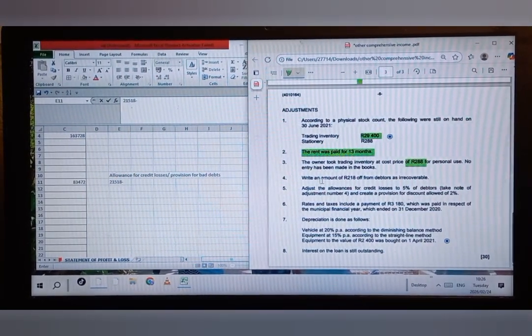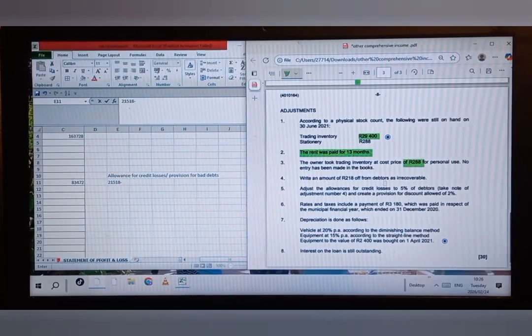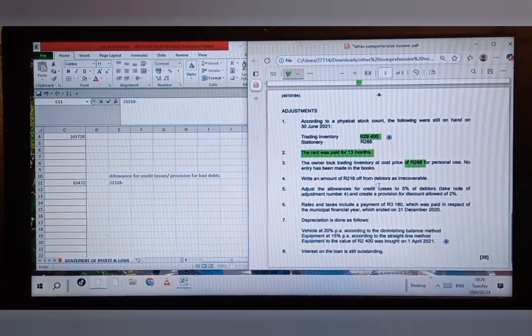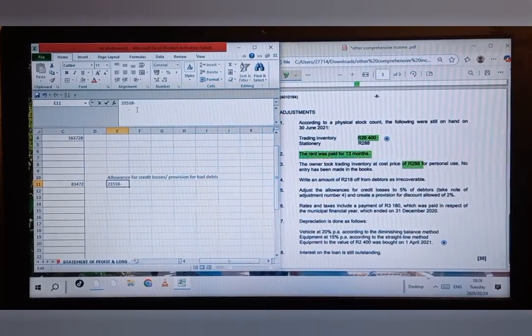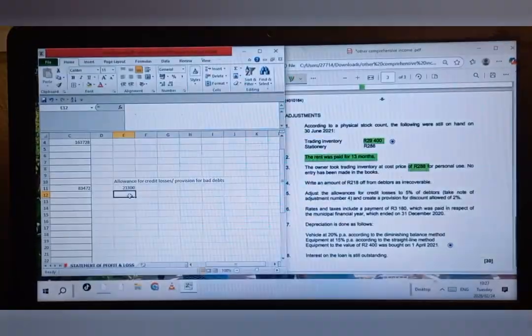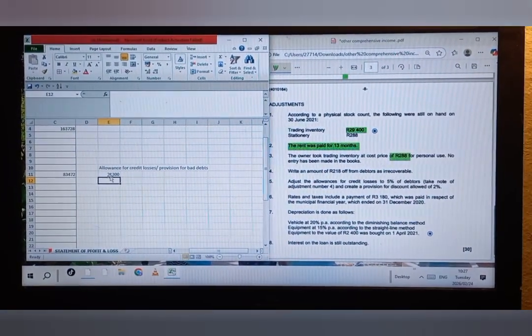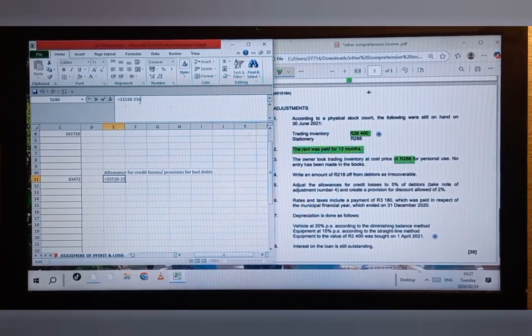Adjustment number 4 says write an amount of 218 off from debtors, meaning this is our bad debts. We minus our current bad debts, which is 218, and then you get your amount. The amount that you get, you times it with the percentage given.